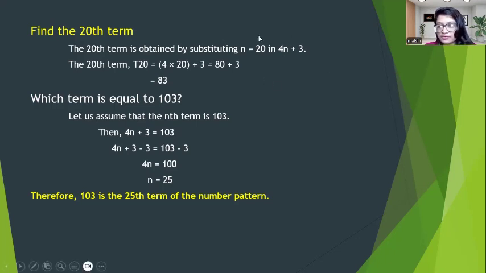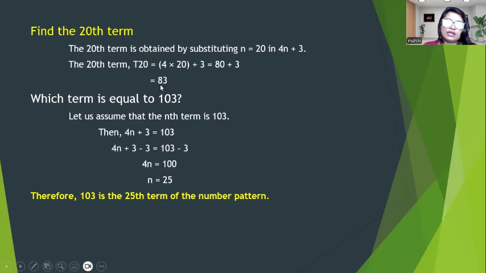It is the general term. T20 equals 4 multiplied by 20, then plus 3. The answer is 83.